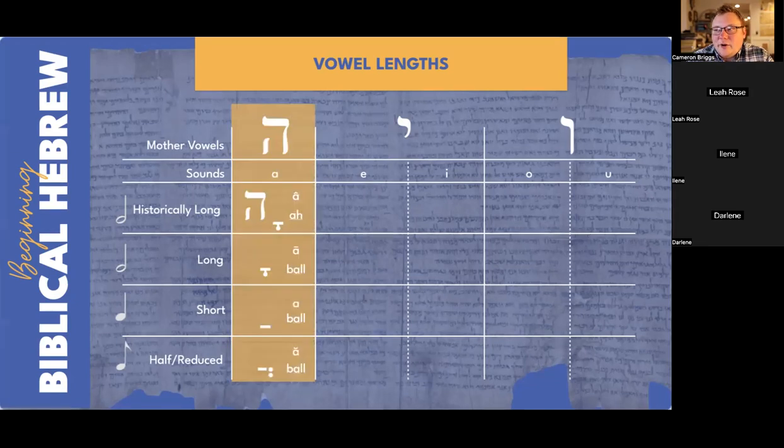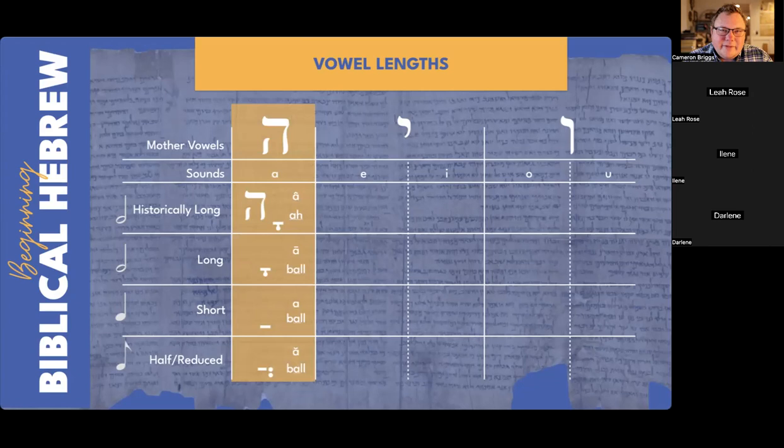So tonight, we're only going to focus on the hey mother vowel, but we're going to take a look at all of its lengths. Historically, as the Masoretes come along and start injecting vowel diacritics into the ancient texts, they maintained the hey along with the kamats.